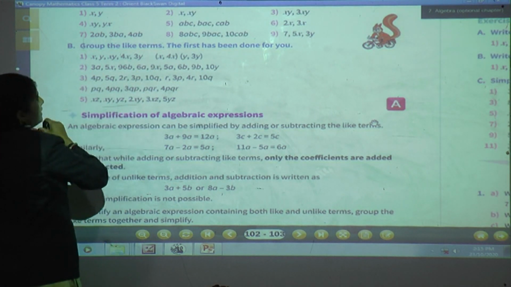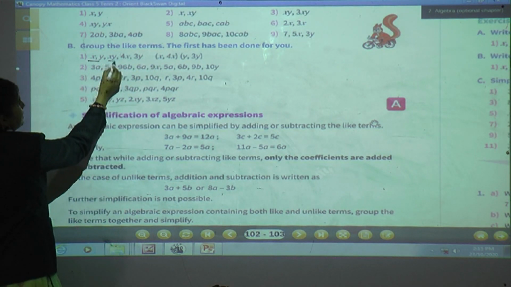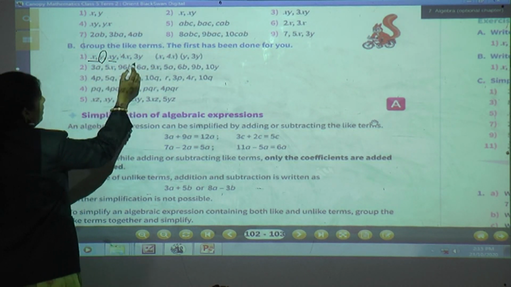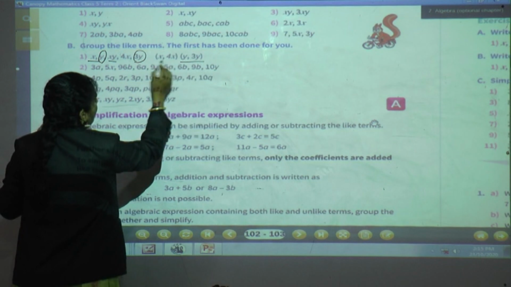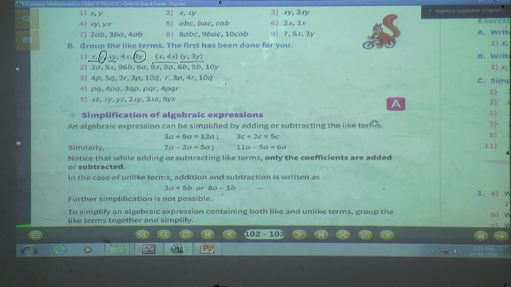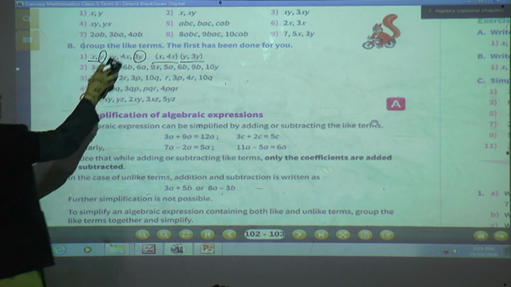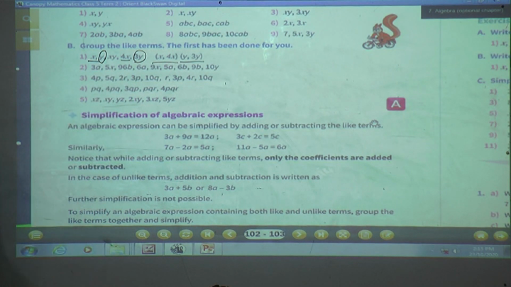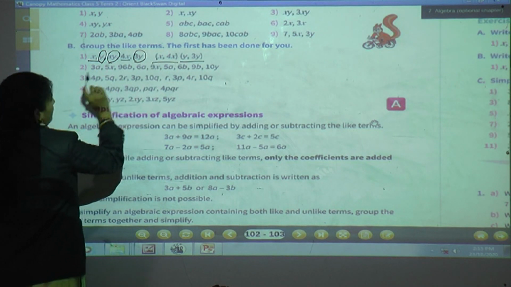Here x and 4x is in one bracket and remaining y and 3y is in another bracket. But they have not written xy, because there is no pair for xy, so they have not written it in the answer.